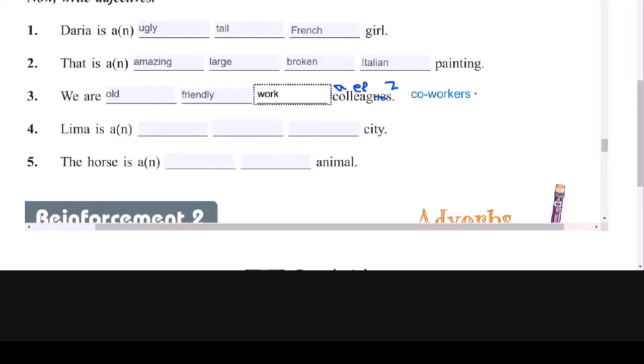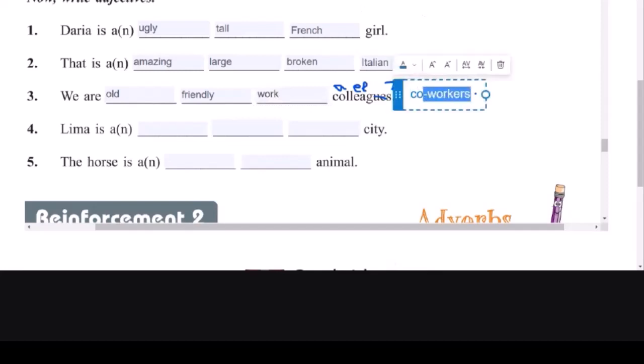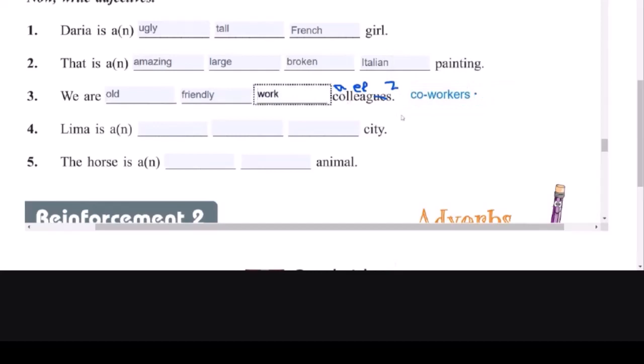Just work colleagues. Okay. Work colleagues, because the other one is co-worker. It's a different one. It means the same, but the structure is different. Co-worker and work colleagues. First work and then colleagues. And the other one is co and then worker. You see? That's the difference. Both mean the same, right?